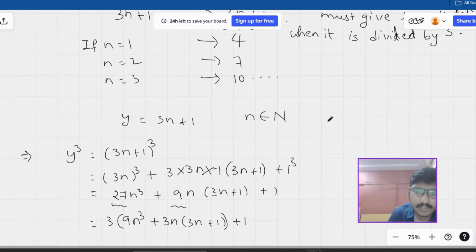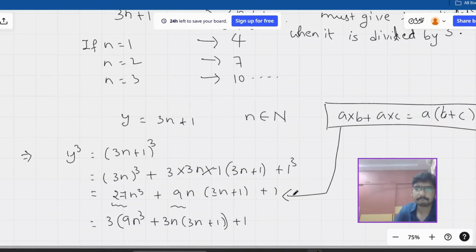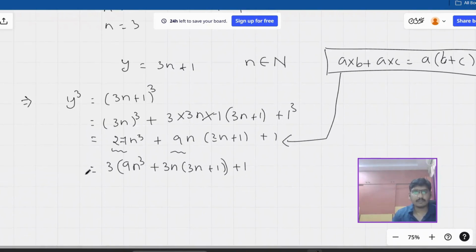Here what happened is a into b plus a into c equal to a of b plus c. This is what we did in this step. If you observe, we are taking 3 as common, 27 is 3 into 9n cube and 9n is 3n. So taking common we have that.